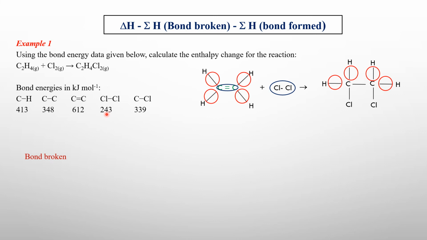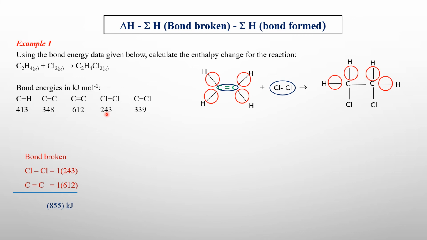You write down the chlorine-chlorine bond, one bond broken, whose value is 243, plus the carbon-carbon double bond, one of that broken, whose value is 612. Add these values up and you get the energy of bond broken as 855 kilojoules. That is the amount of energy that is absorbed when the bonds are broken on the reactant side.